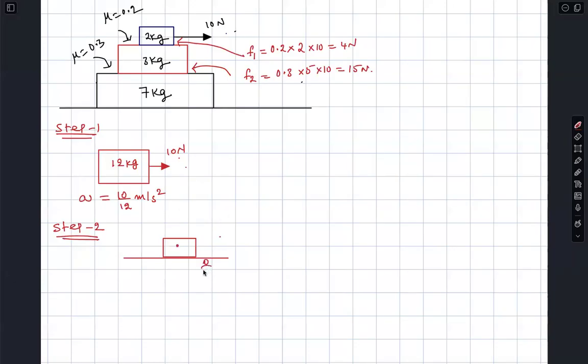Now, if I am in the reference frame moving with an acceleration of 5 by 6 meter per second square, what are the different forces that I am going to see in case of the 2 kg block?